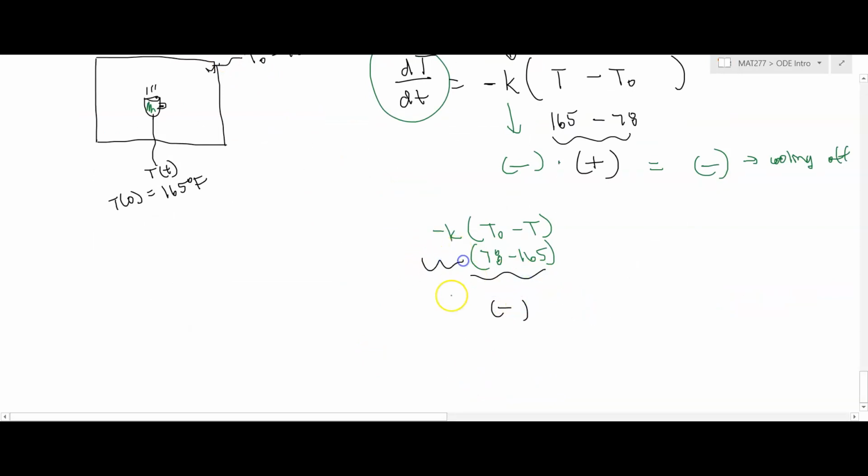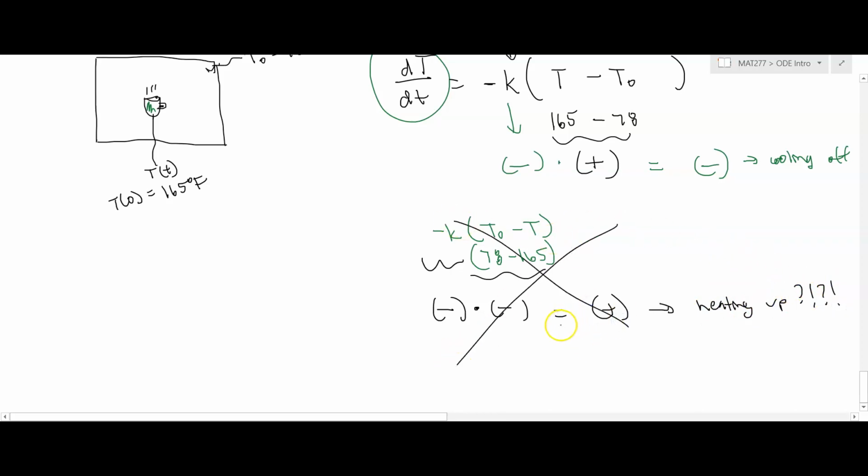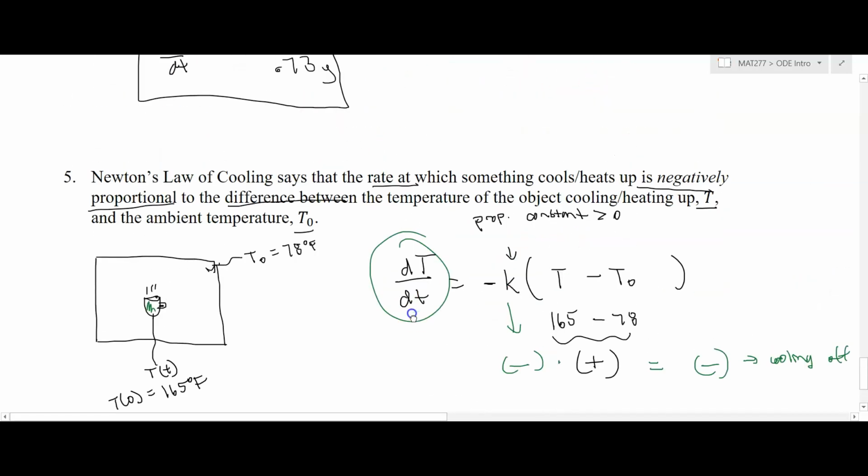This quantity right here is going to be negative, and when you multiply a negative by a negative, you get a positive, and this suggests that the coffee is heating up. And I'm going to put a big question mark and exclamation there because clearly this situation doesn't make sense. How could a hot cup of coffee start heating up in a room that is cooler than the cup of coffee? So sometimes these little details make a big difference in our modeling approach.